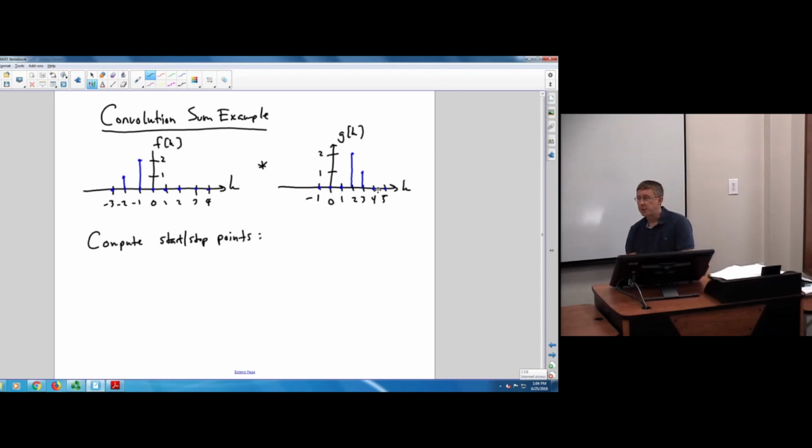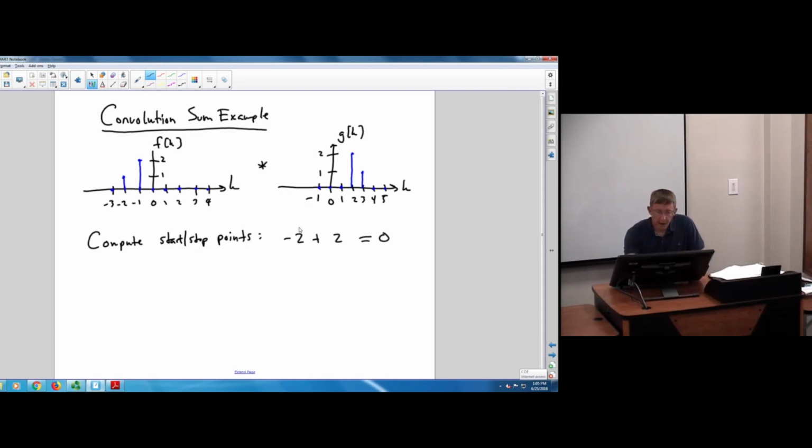The rule is the same as it was previously. You look at where this one starts, minus 2. Where's the first non-zero value over here? 2. So minus 2 plus 2 equals 0. So after I do this convolution, all values below time 0 have to be 0. This is the first chance I get to be non-zero.